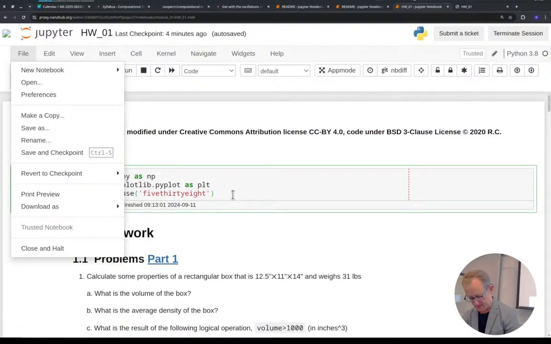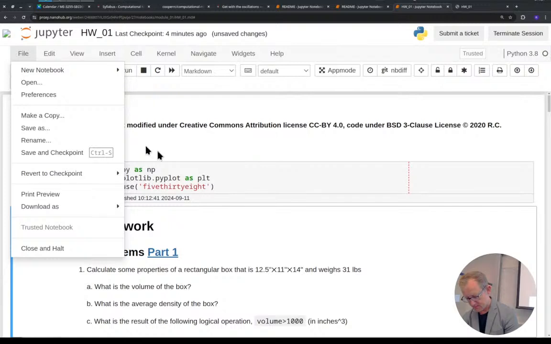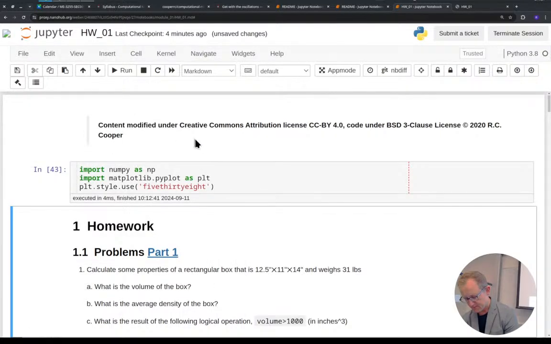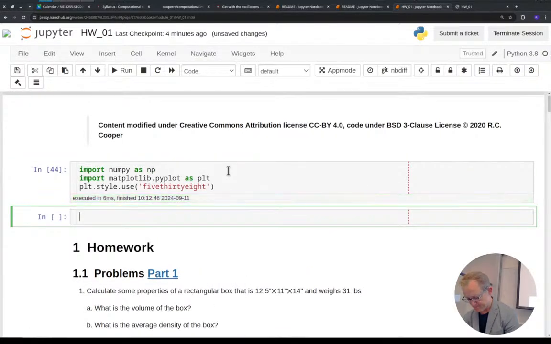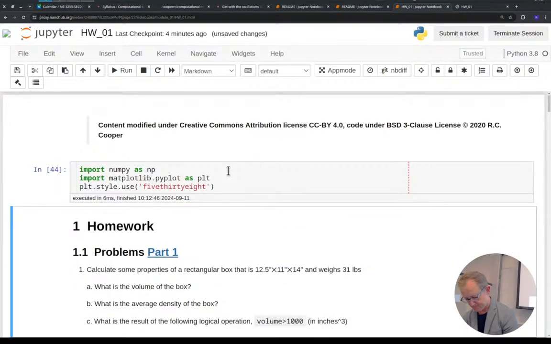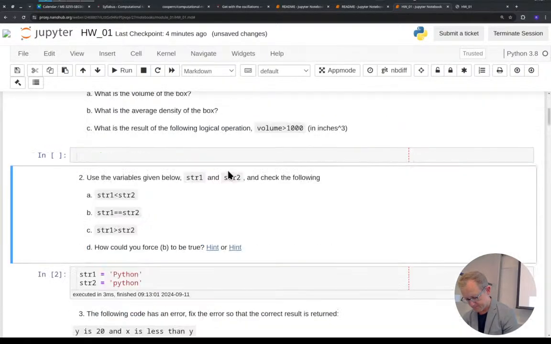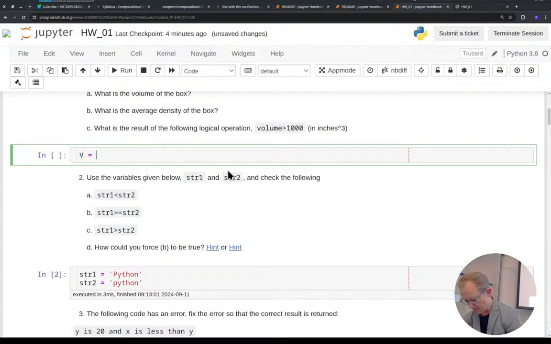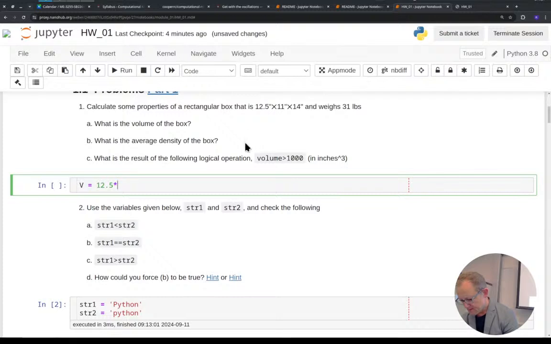So here, let's get rid of the file. Like here, if I'm going to calculate my volume, 12.5 times, I should know it by now.